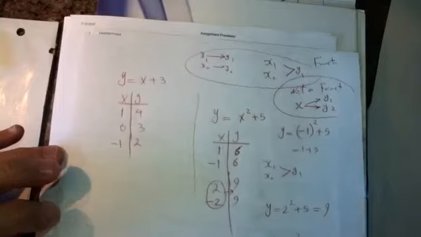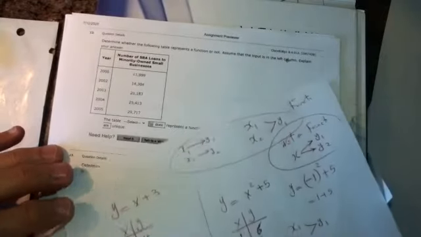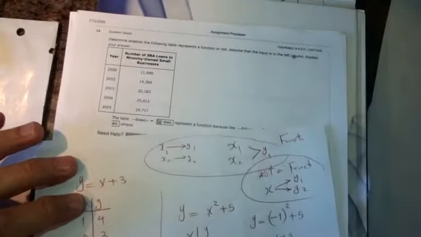All right, so let's look at here. It is a function. Look, for every number, you have different numbers. So for every input, you have a different output. Number 13.